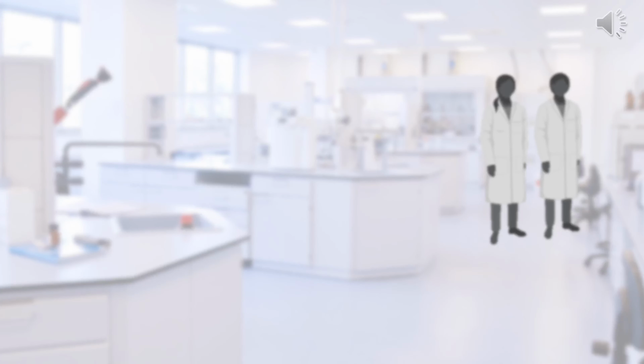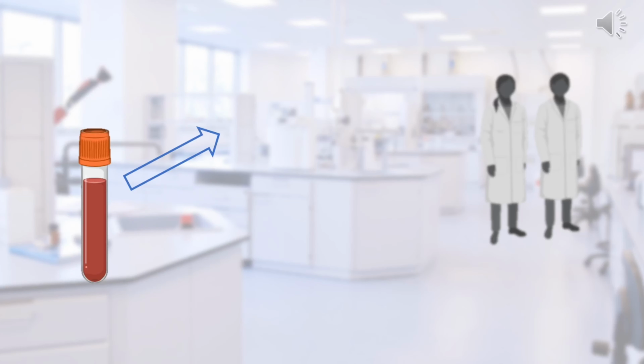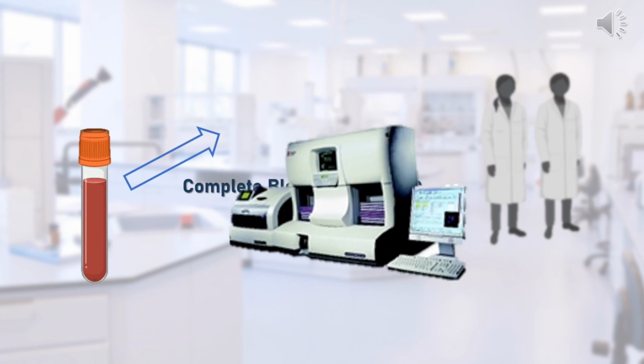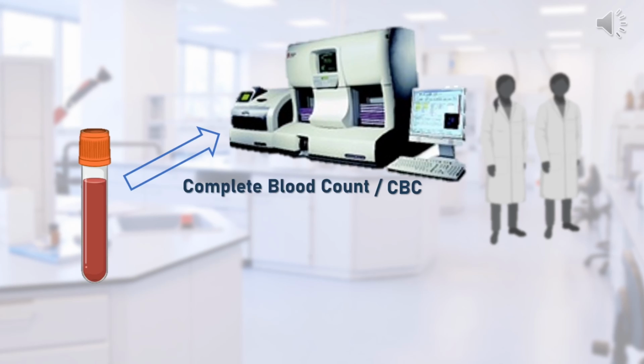What kind of information can be obtained from a tube of blood? A plethora of information can be obtained just by enumerating the different types of blood cells from a tube of blood through a blood test called complete blood count, or commonly known as CBC, using a hematology analyzer, a great example of perfect amalgamation of science with technology, which mostly employs electrical impedance and flow cytometry.